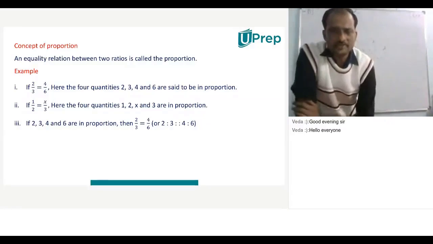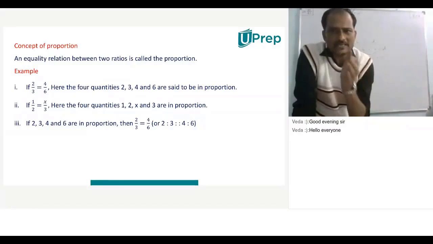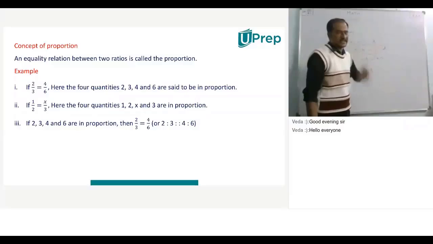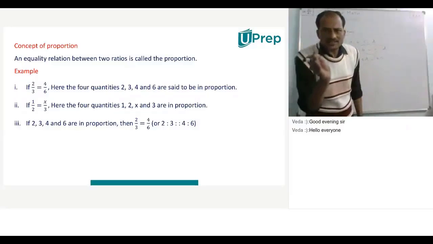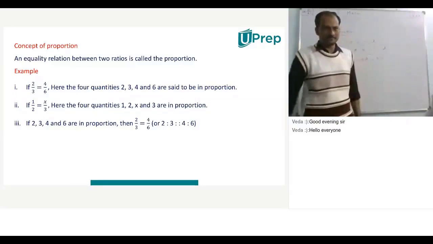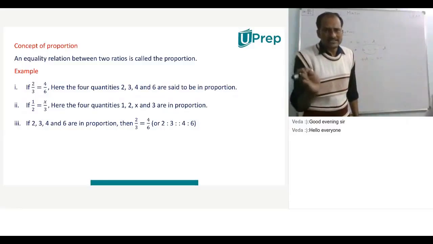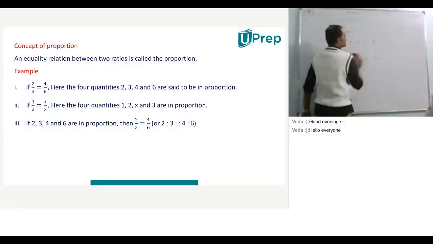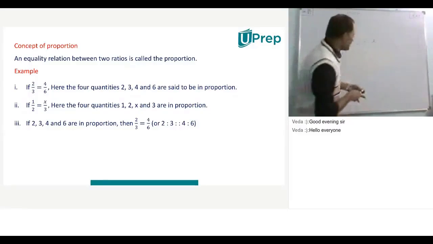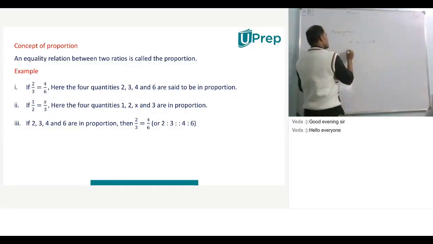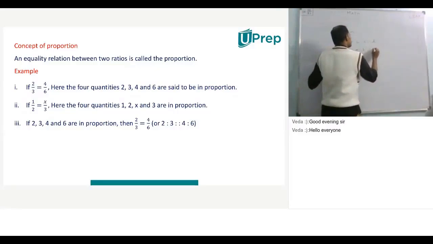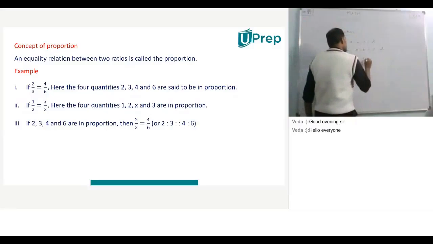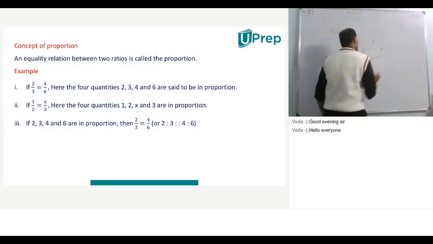Write down, my dear children. A, B, C and D are said to be in proportion, if A is to B is equal to C is to D. Therefore, AD is equal to BC.